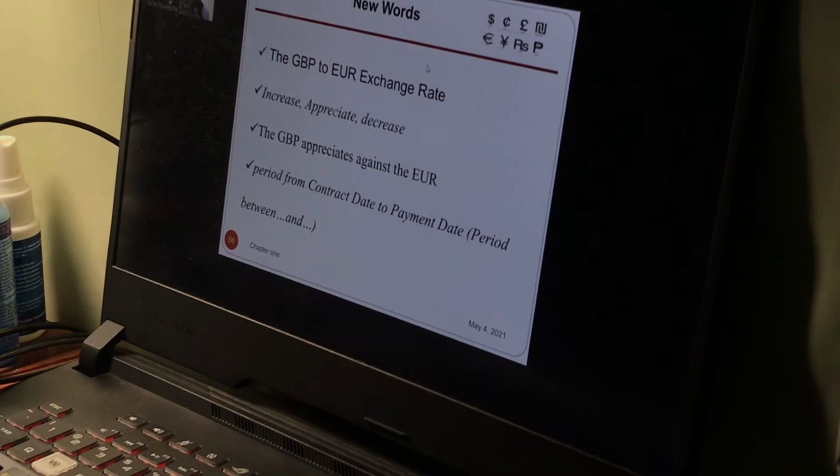When you describe down or up, you can use increase, appreciate, or decrease. For example, you say the GBP appreciates against the euro. Đồng bảng Anh tăng giá so với đồng euro.